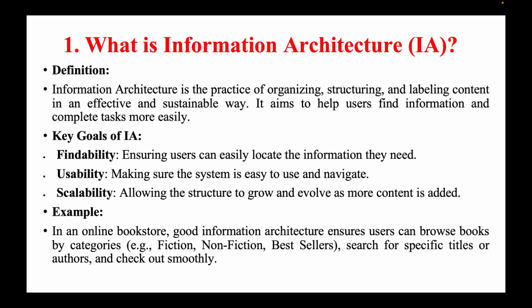Example, in an online bookstore, good information architecture ensures users can browse books by categories. Example, fiction, non-fiction, bestsellers, search for specific titles or authors, and check out smoothly.